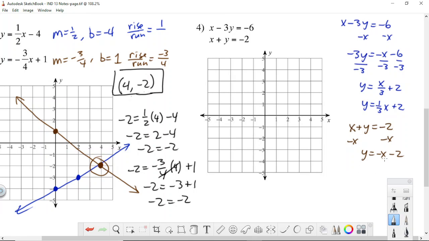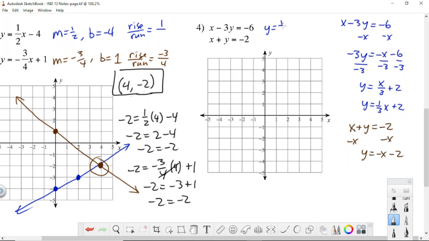And we can now graph them both. I didn't leave myself a lot of room. I'm going to write those up here in slope-intercept form. I'm just transferring this up here.